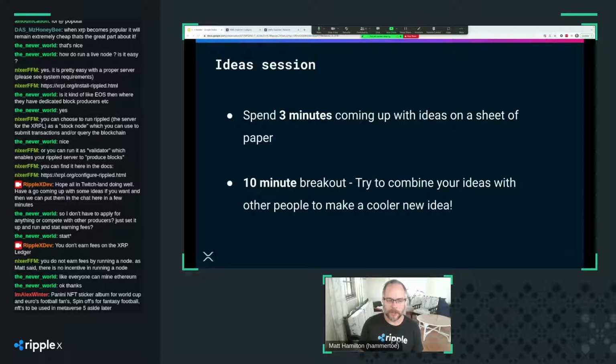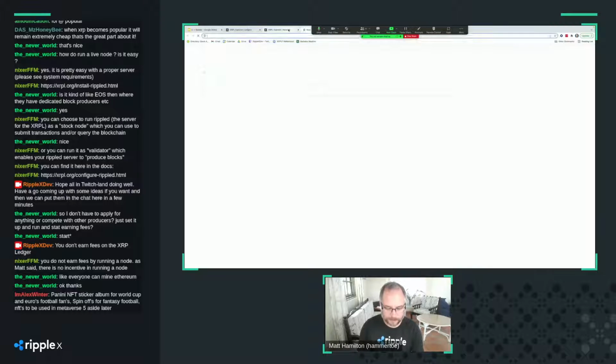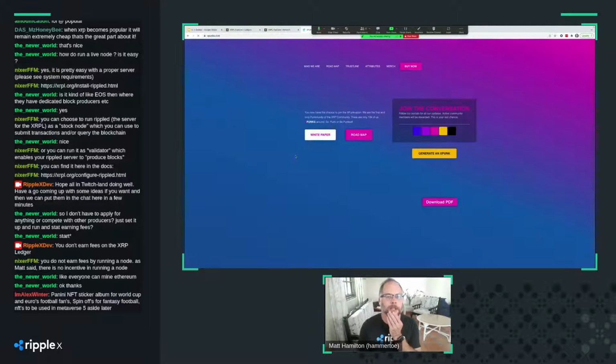Okay, have you got an idea about what it might be for your NFT project you want to launch? Yeah, there's some projects doing similar kind of thing, generative art things.